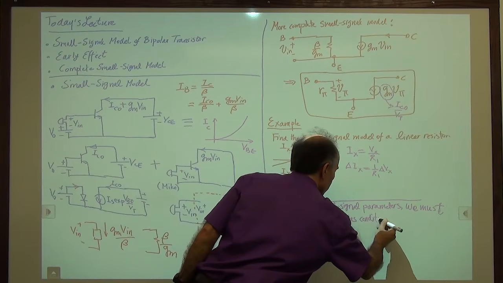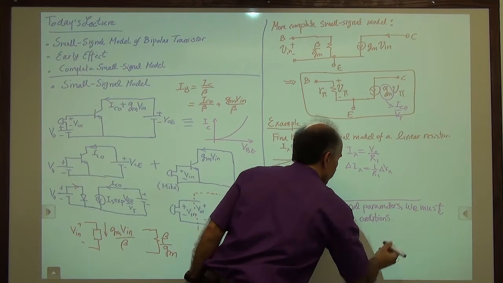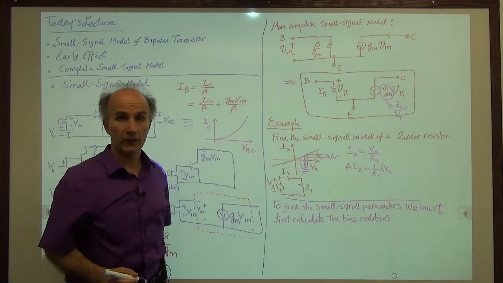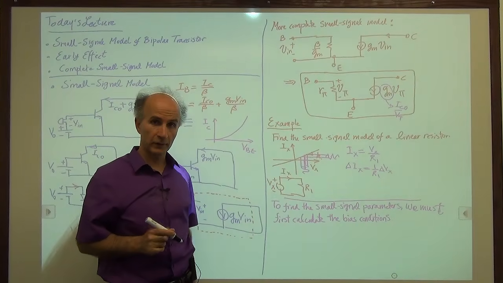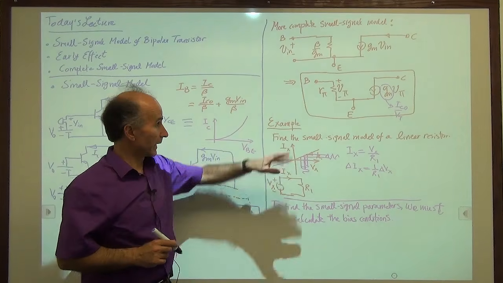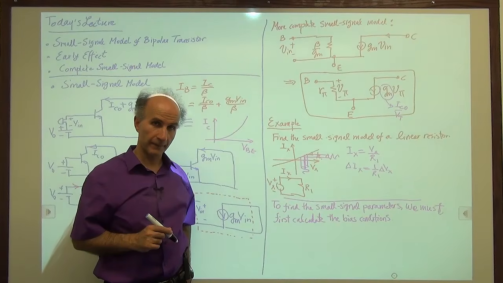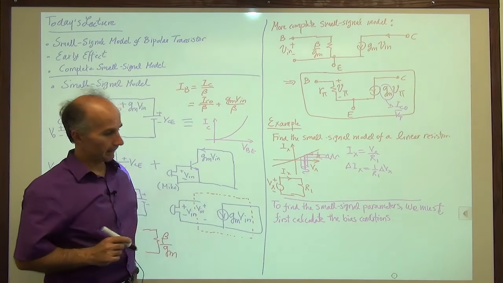Bias conditions means the base emitter voltage and the collector current. The collector current is really the most important value that appears in all of these equations.